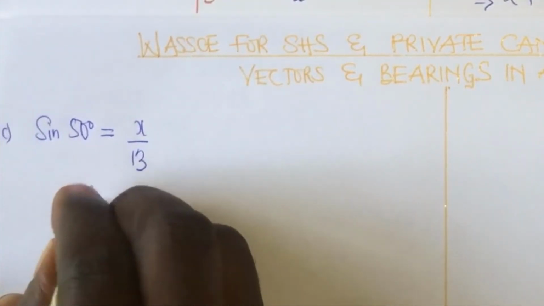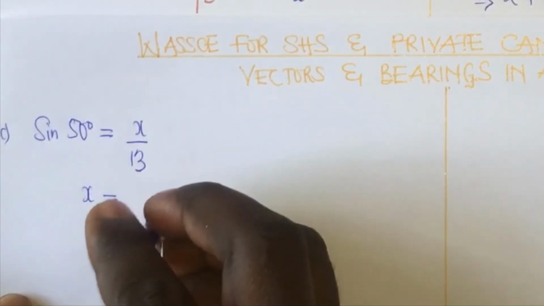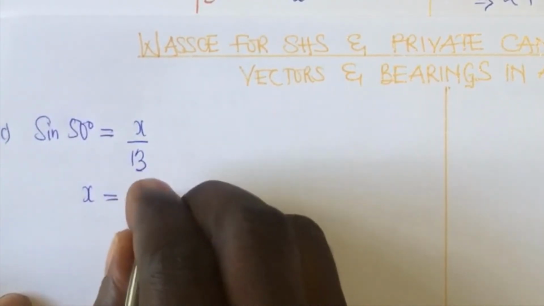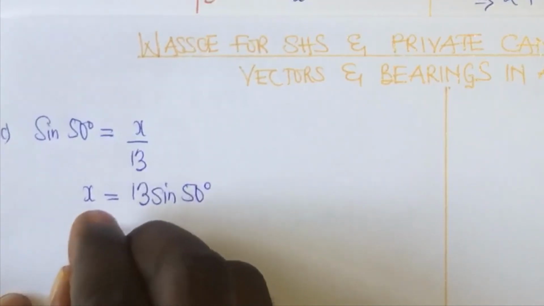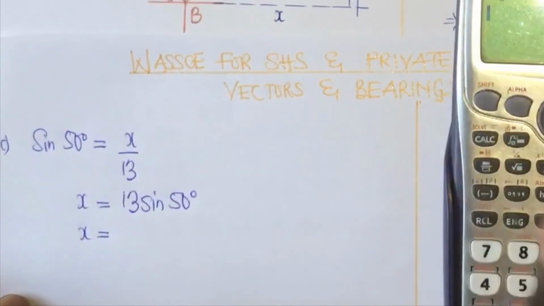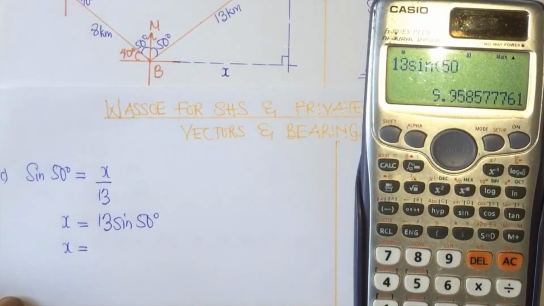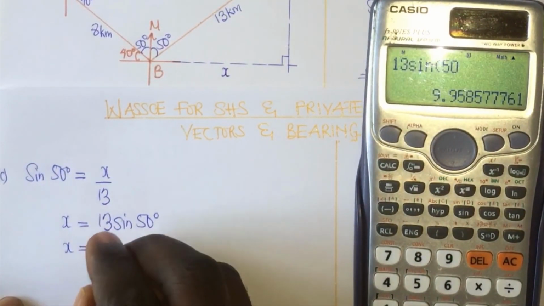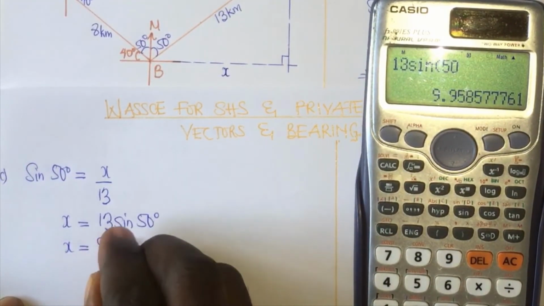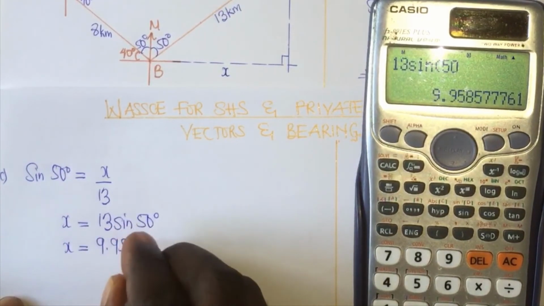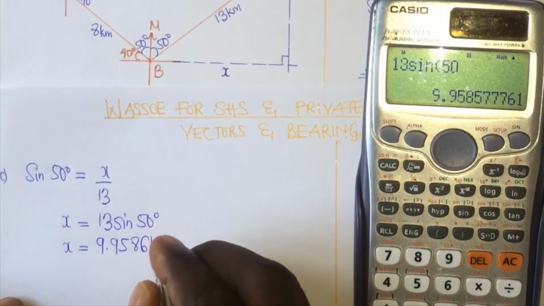So to get x, we cross multiply the 13 to the left, and we are going to get 13 sine 50 degrees. So with the help of our calculator, 13 sine 50 is giving us 9.9586 to 4 decimal places kilometers.